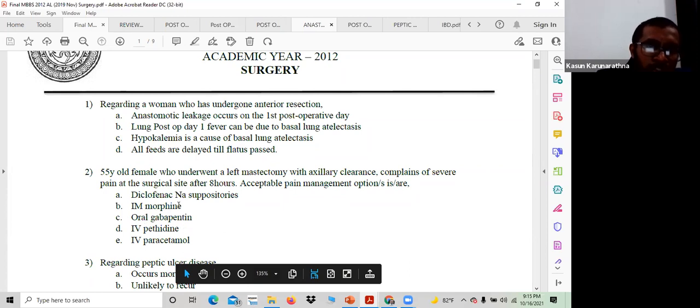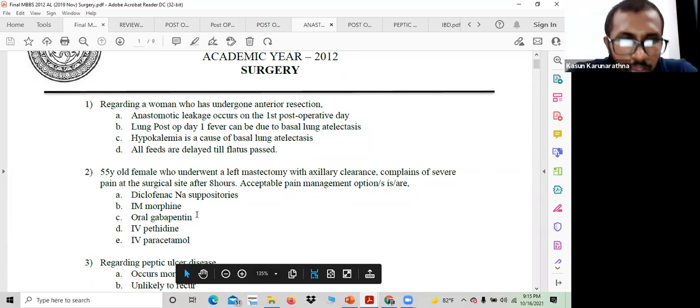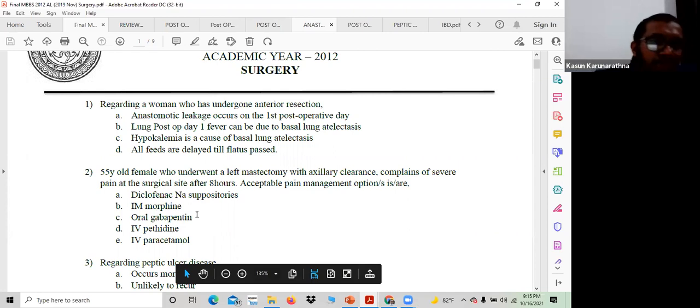Gabapentin, usually you give for neuropathic pain, that is chronic pain, after 2 weeks of the acute pain. So apart from C, all others are true, right? And pethidine usually we give IM, but IV is also a route, right? We can give, right? Gabapentin is not an option in acute pain, right?